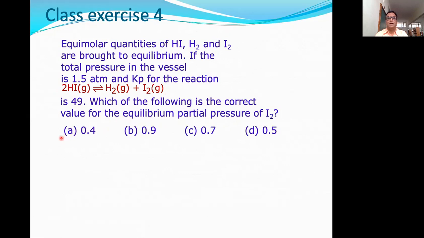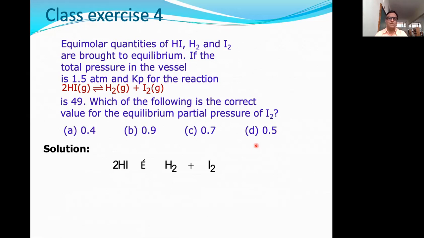The answers are A 0.4, B 0.9, C 0.7 and D 0.5. We'll see the solution for this example.